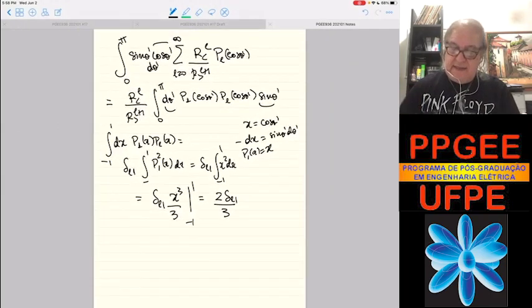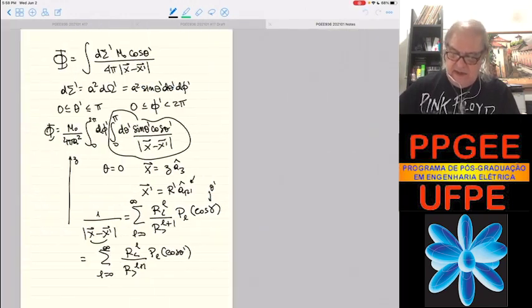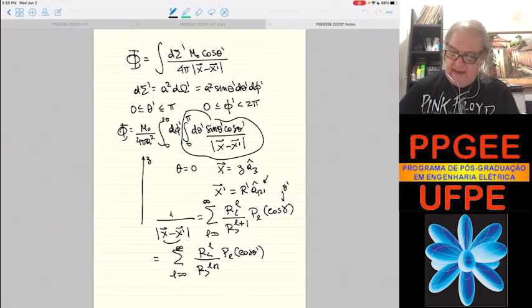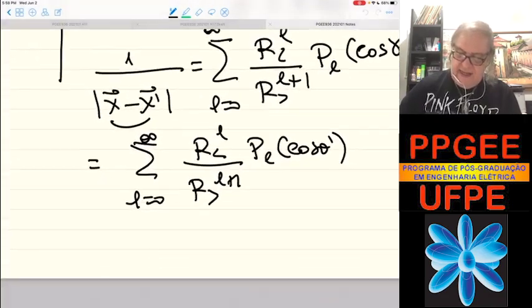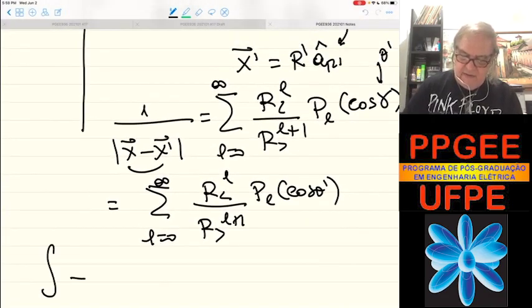So on the z-axis, the result we get is this integral here. Let me go back. So the potential is going to be the result of the integral, only the L equals 1 term, okay?